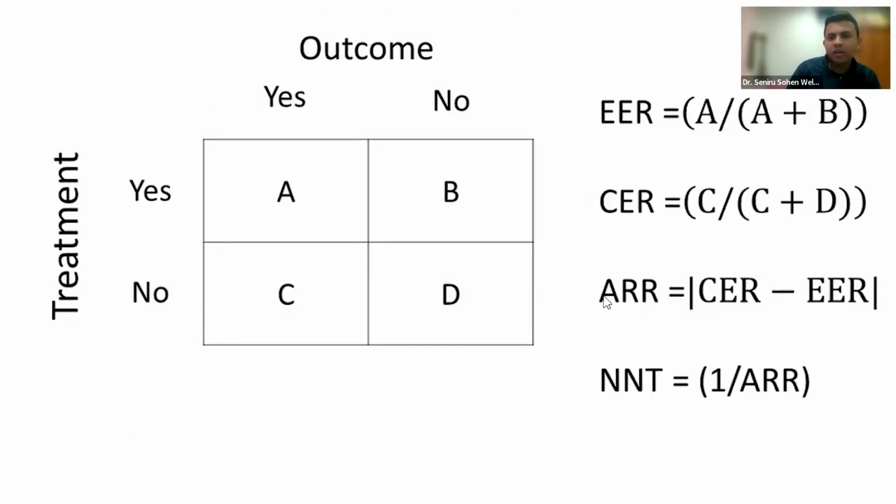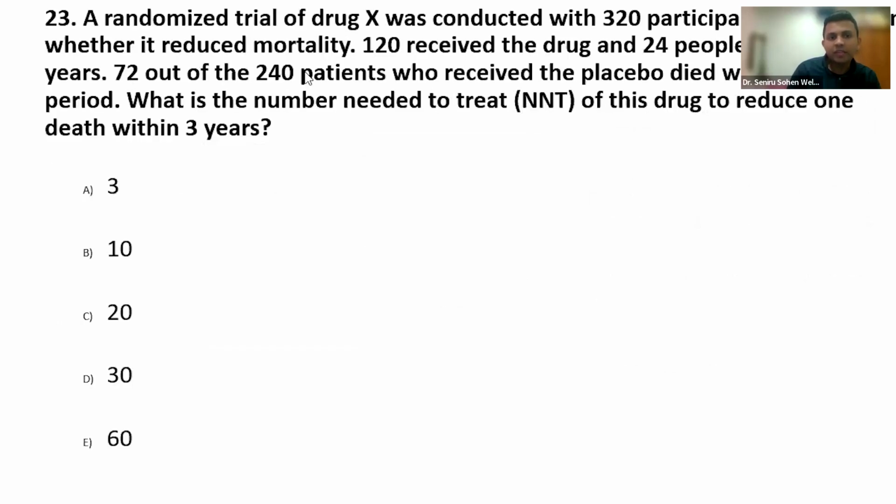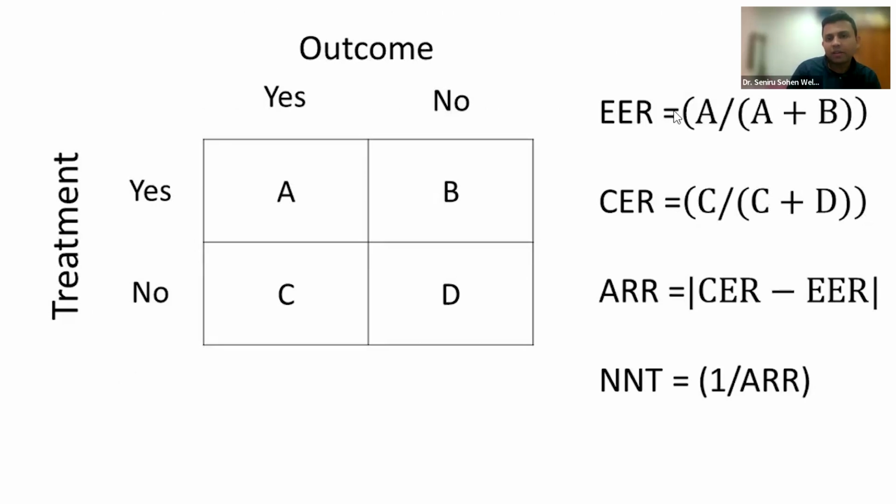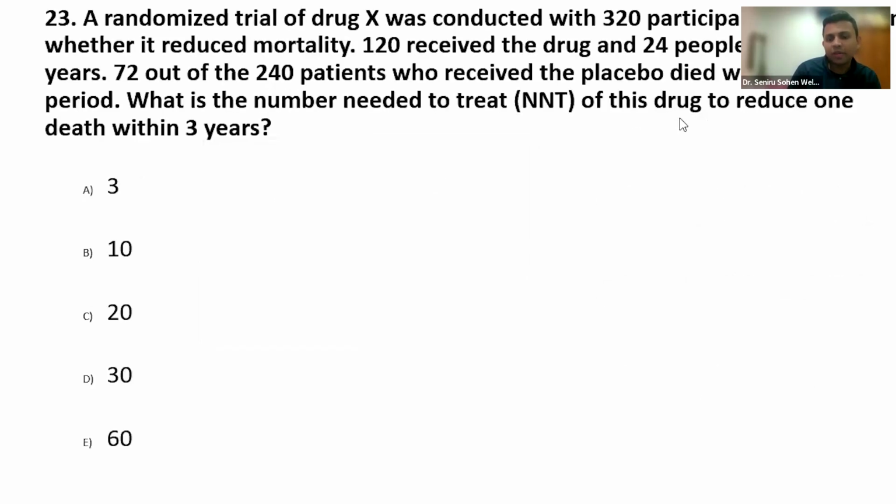To calculate the absolute risk reduction, you must calculate the control event rate and then you should calculate the experiment event rate. The control event rate here would be 72 out of 240. And the experiment event rate here would be 24 out of 120.